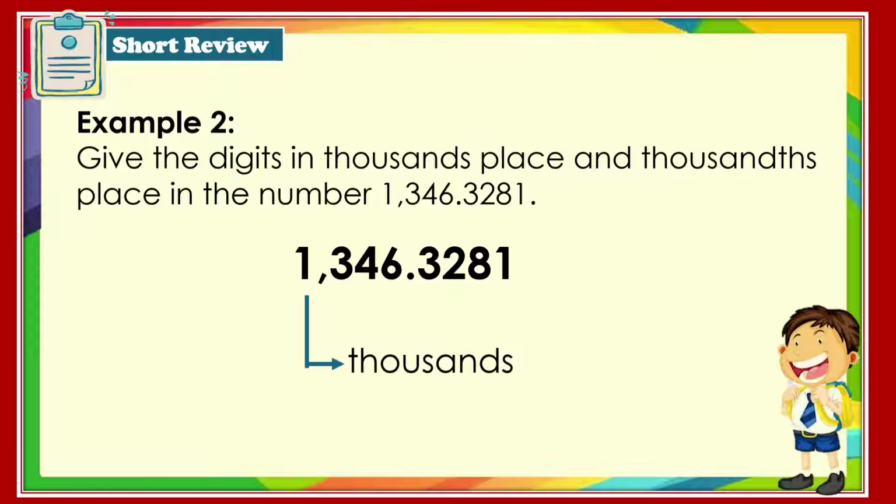Step 2: the digit in the thousandths place is 8, as it is the third digit to the right of the decimal point. So for the answer to this example, the digit in the thousands place is 1, and the digit in the thousandths place is 8.